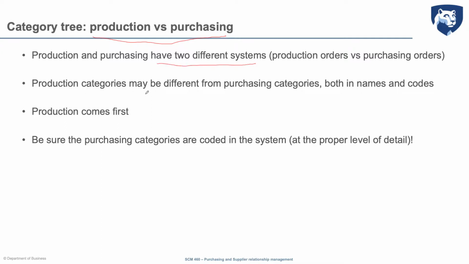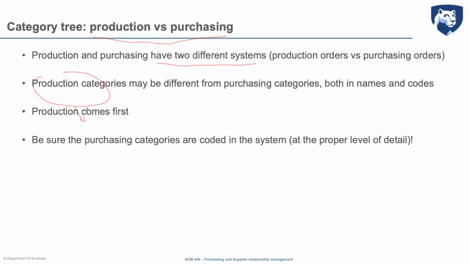Production categories can be different from purchasing categories, and usually production categories are considered superior, because production is how the supply chain arrives to the market. So usually the production approach is the one that is more well known in the company. But again, this doesn't mean that they are good from a purchasing perspective.